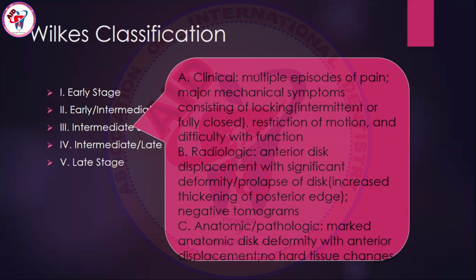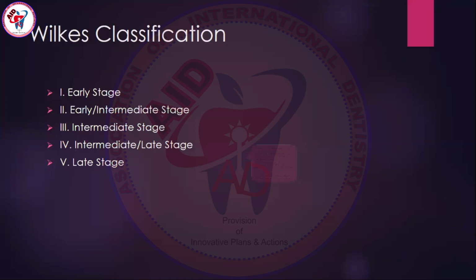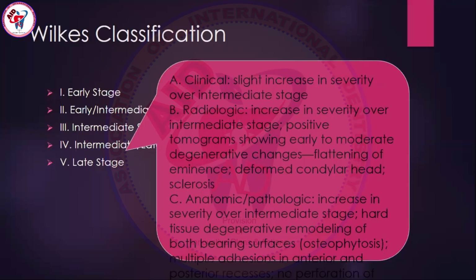When we come to the intermediate late stage, there is increased severity over the intermediate stage, with a positive tomograph showing early to moderate degenerative changes, flattening of the eminence, and deformed condylar head with sclerosis.